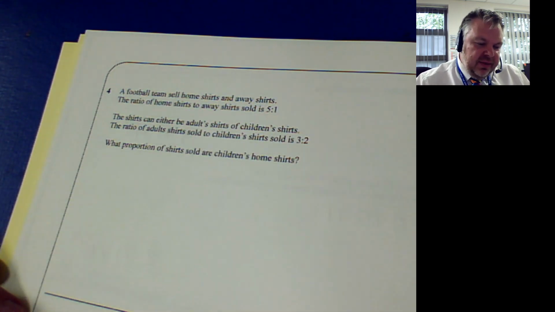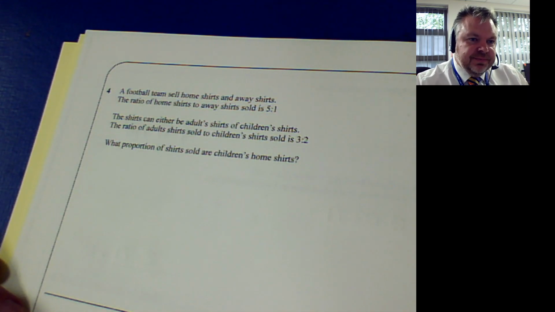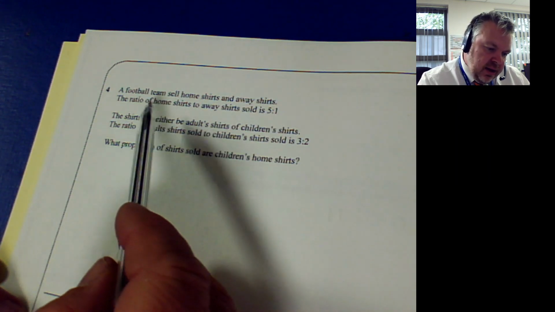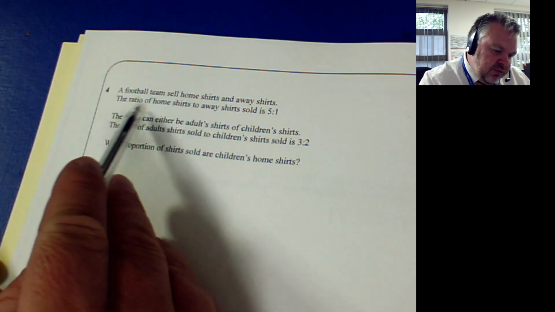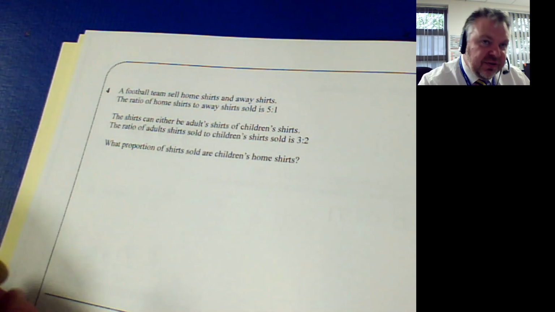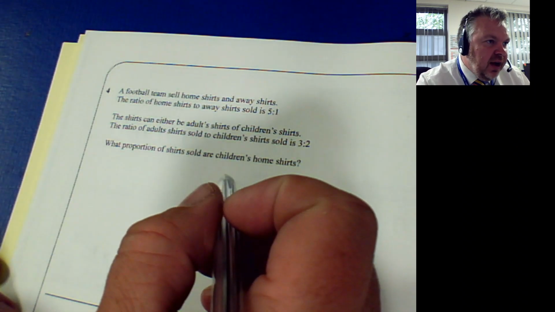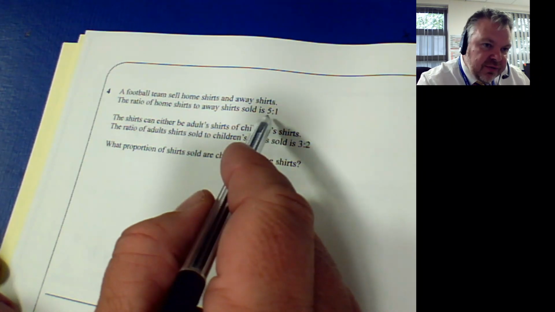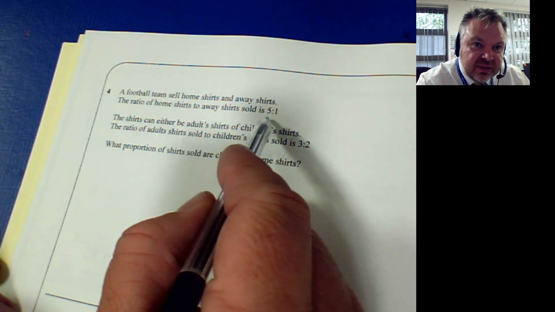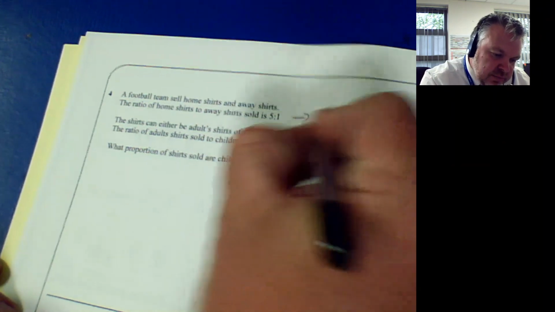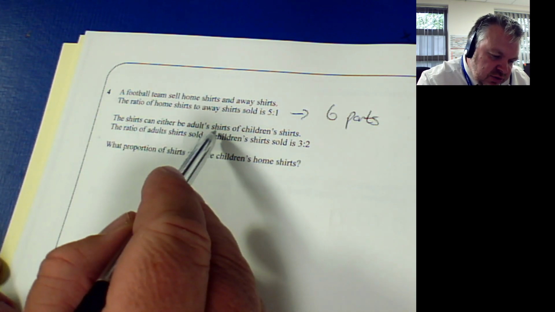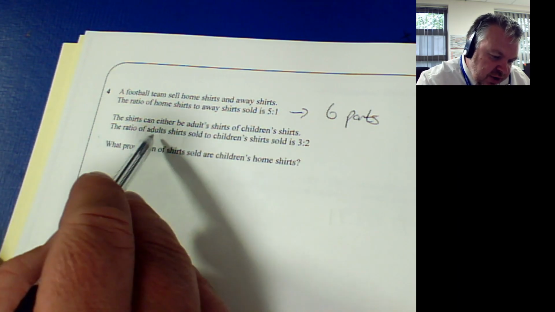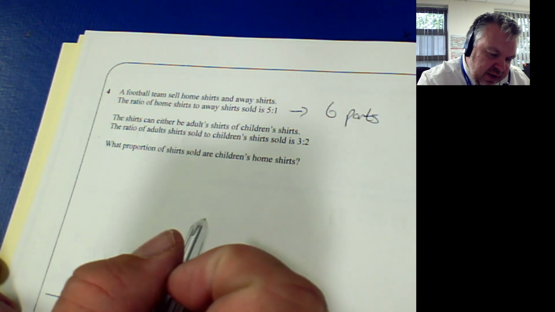Next question we're looking at then is a ratio question. We've got some football team selling home shirts and away shirts. The ratio of home shirts to away shirts sold is 5 to 1. So this 5 to 1, we need to be very, very careful that this means 6 parts. The shirts can be adult shirts or children's shirts, and the ratio of adults to children is 3 to 2.